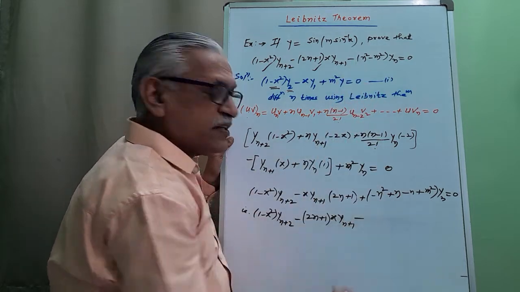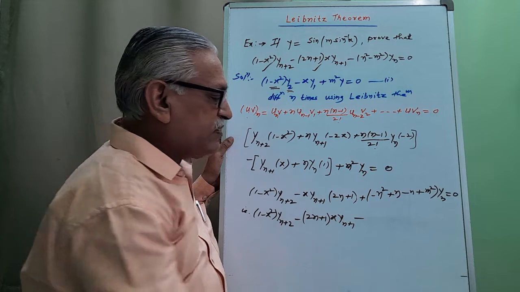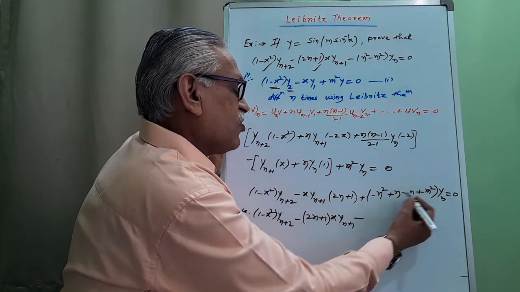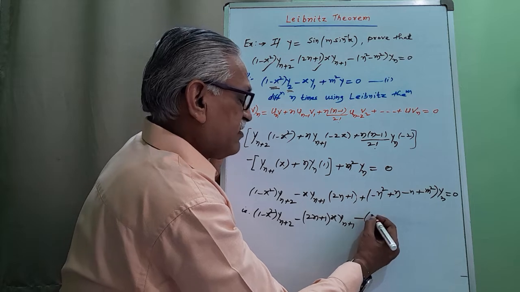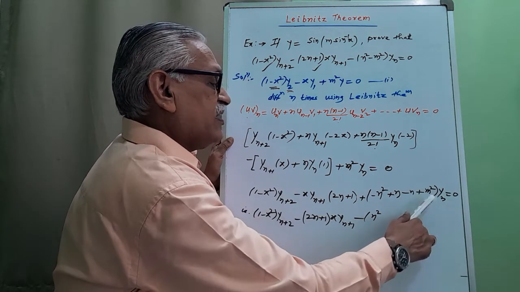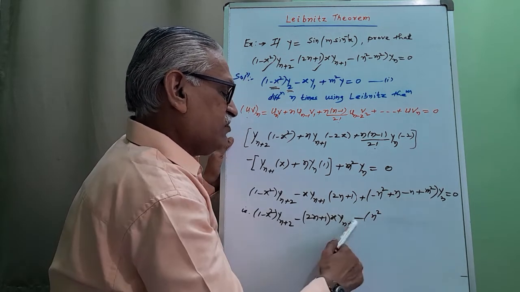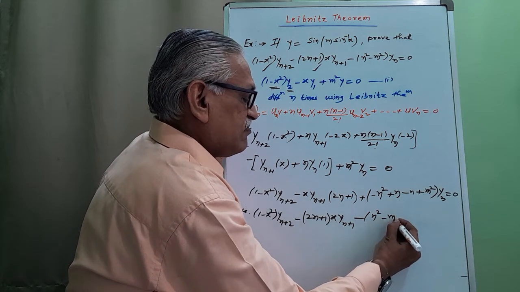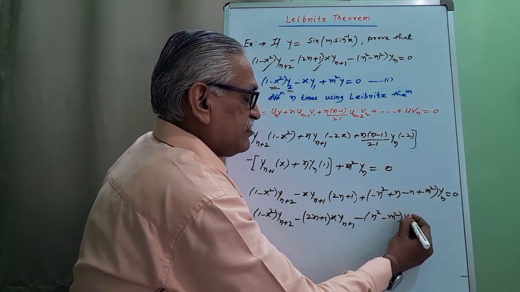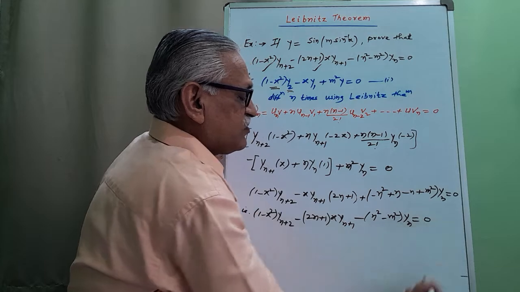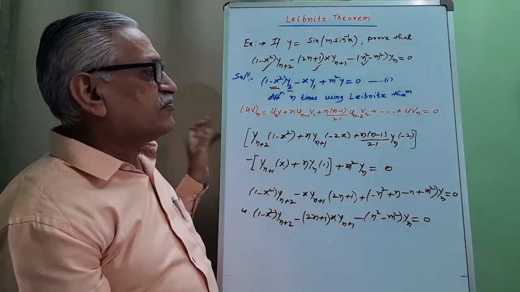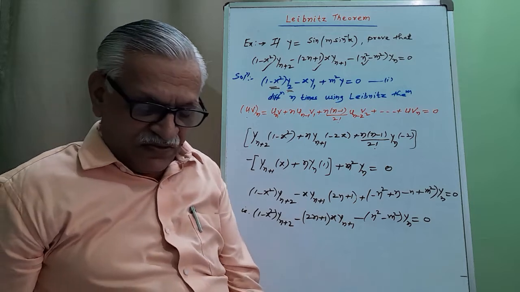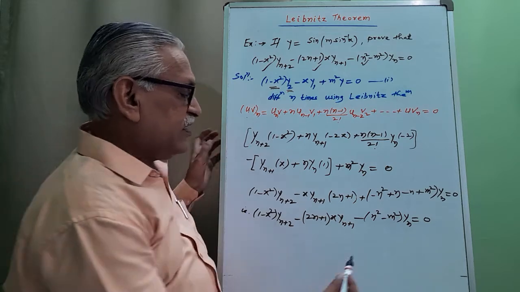Therefore, to have that term, I will take minus n common. When we take minus n common, this becomes n square, and to get plus m square, here it is minus m square, into y_n is equal to 0, the required third term. Okay. Hence proved.